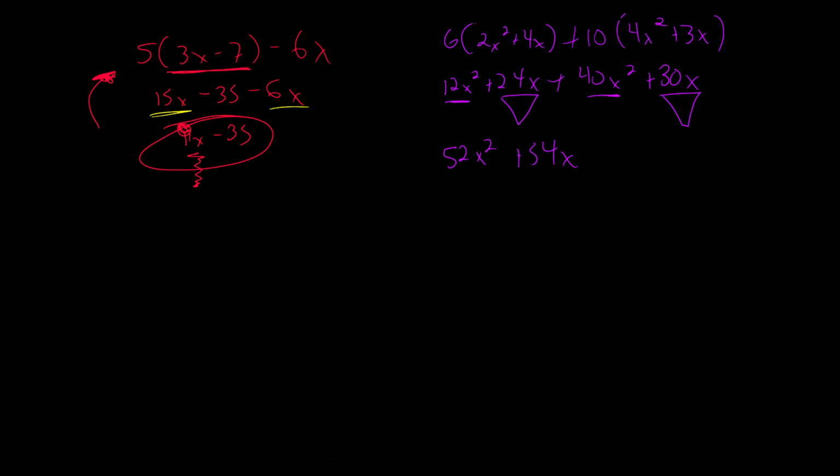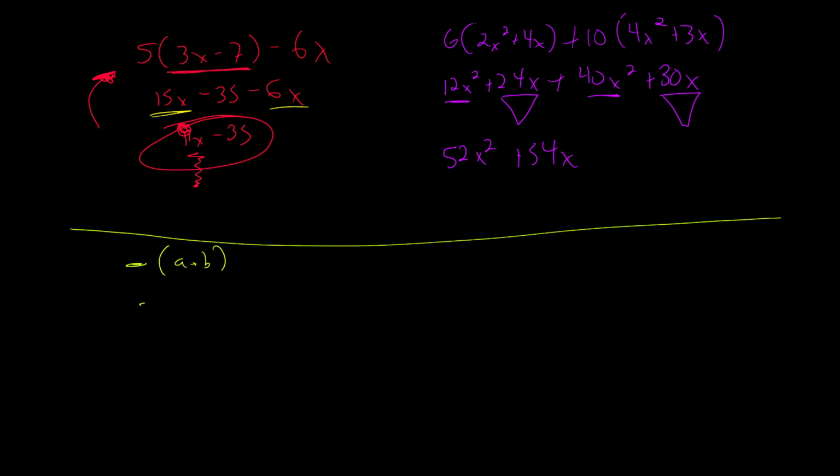Something that happens quite often, and I'll do this one, is a negative sign outside of a parenthesis. If I have a negative sign outside of a parenthesis, we can think of this as negative 1 times the parenthesis. And so I can distribute it in.